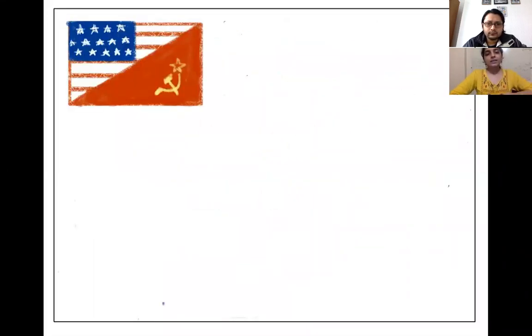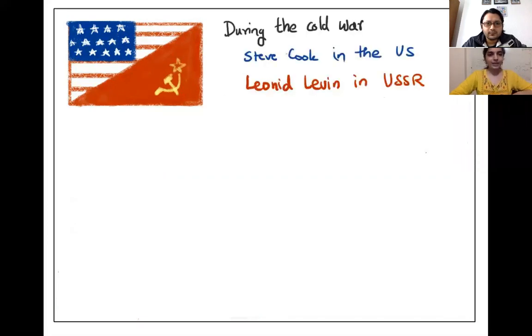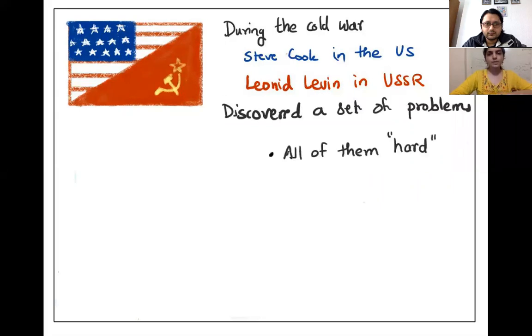Very interesting things happened in the world of complexity when complexity theory was not formally known as complexity theory, around the time of the Cold War. Steve Cook in the US and Leonid Levin in the then USSR discovered a large class of problems, a set of problems such that all of them were intractable. Those were Cold War times, remember.